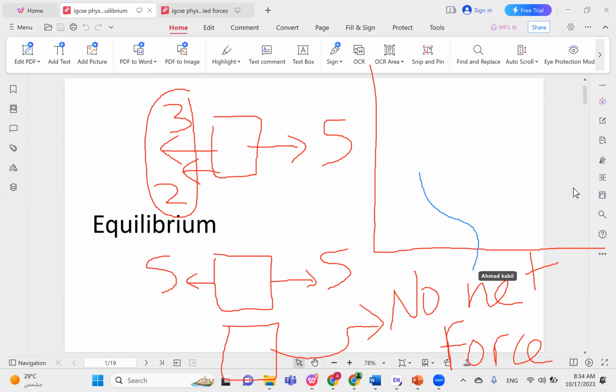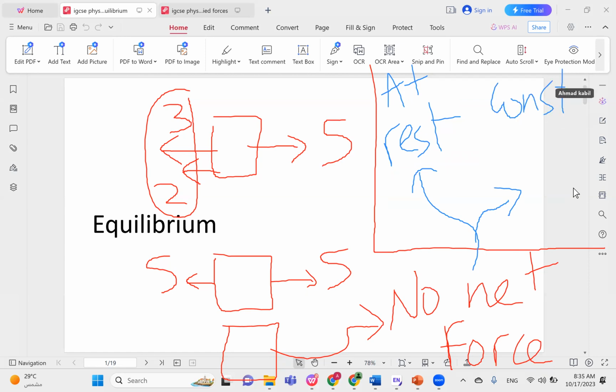It will either be at rest, which means that it's not moving at all, or it will be moving with constant velocity. Either way, it has zero acceleration. So whether it is at rest or moving with constant velocity, the acceleration of the object is zero.